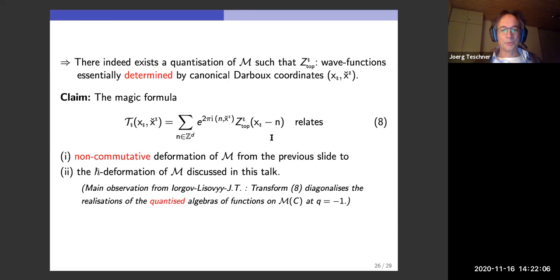Anyway, here I just wanted to sum up what I had previously tried to argue, namely that this transformation brings us from a basically classical picture to a quantum picture.